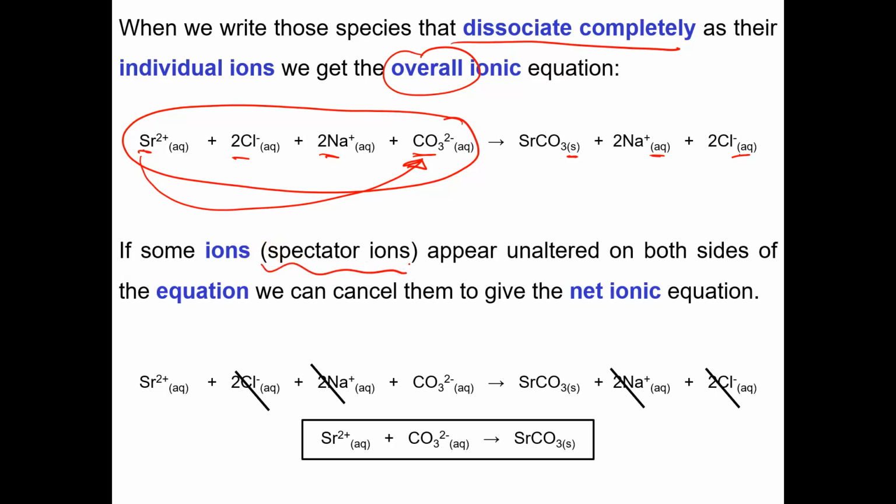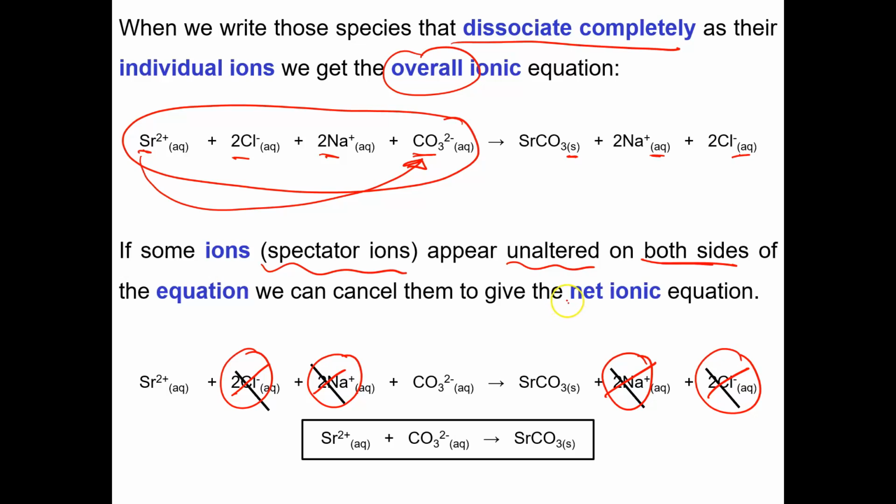These are ions that appear in the same form on both sides of our arrow. So you can see here that the sodium ions and the chloride ions are in exactly the same form on both sides of the arrow. That means that they don't in any way react. So we can go ahead and cancel these spectators to give a clearer view of what's going on.